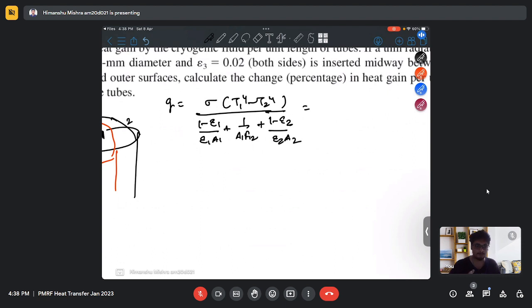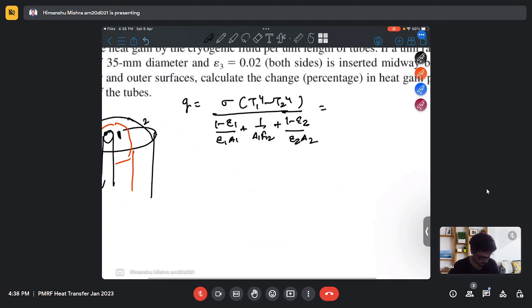For two parallel circular cylinders, we can say A1 and A2 is. So there should be emissivity also in the numerator. No, my emissivity will come in the resistance functions only.